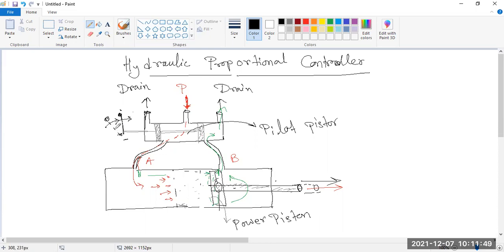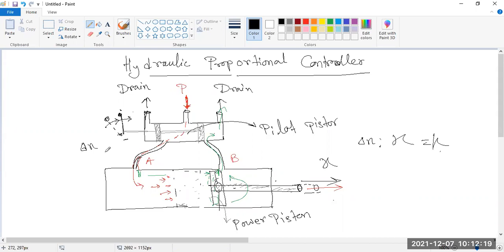If you move this spool by this lever, say delta x, it will move the x amount. So this is the ratio, delta x is to x. It is proportional, and whatever it may be, it will be constant. This is called the proportional constant.